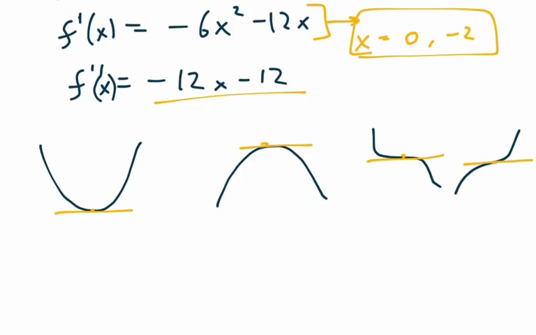But the difference is that in the first one, f is concave up at this specific value. In the second one, f is concave down, and in the last two, f is neither positive nor negative. In fact, f switches from concave up to concave down, or from concave down to concave up. That's a different thing that we'll talk about later.